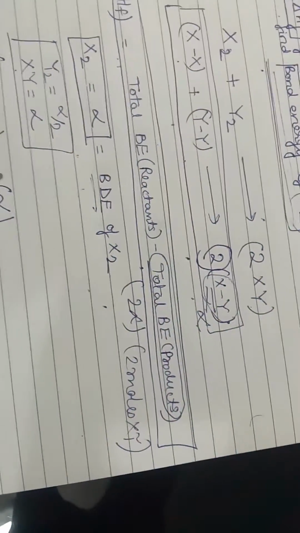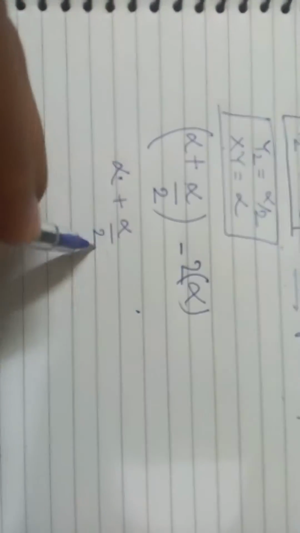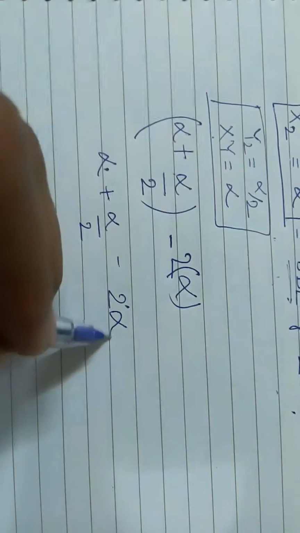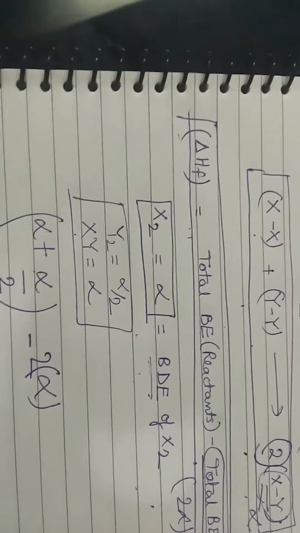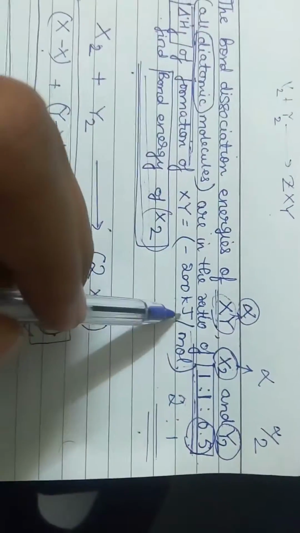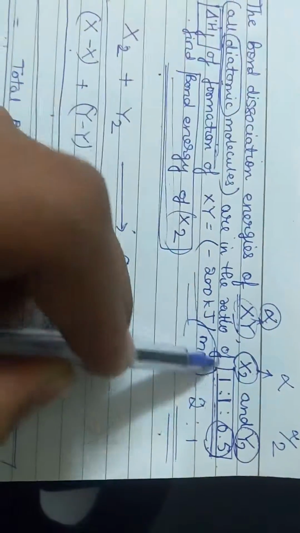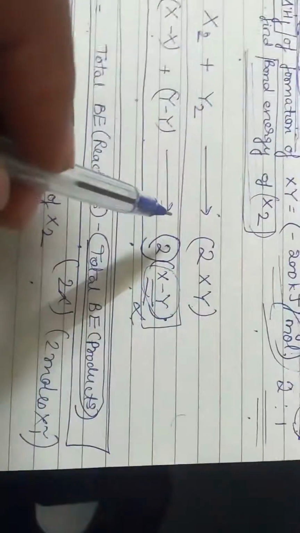So this gives us alpha plus alpha by 2 minus 2 alpha, which is nothing but the heat of formation of this particular XY, which is given as minus 200 kilojoules per mole. Now for 1 mole the heat of formation is minus 200, right?